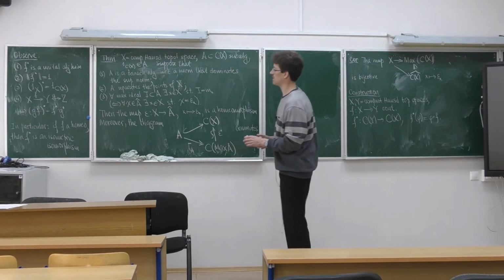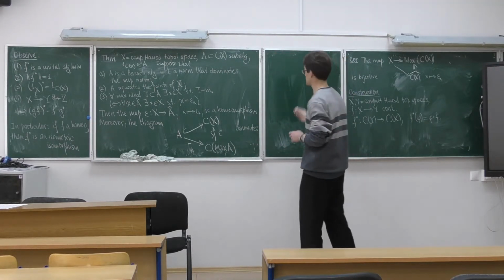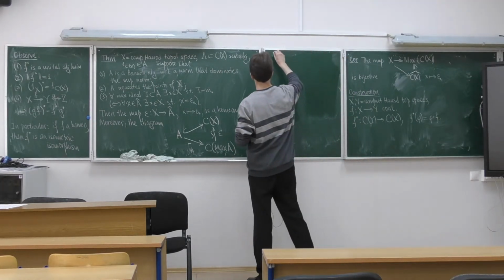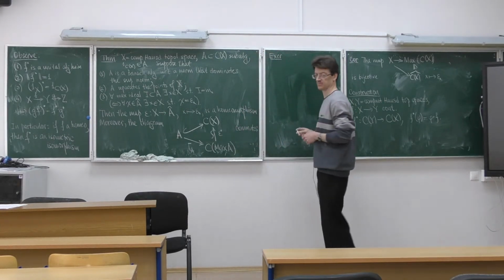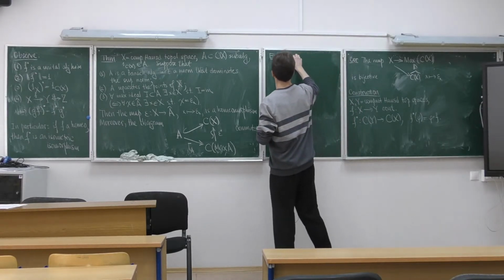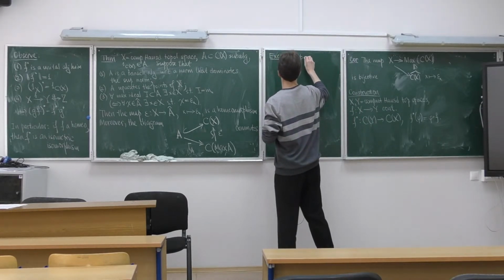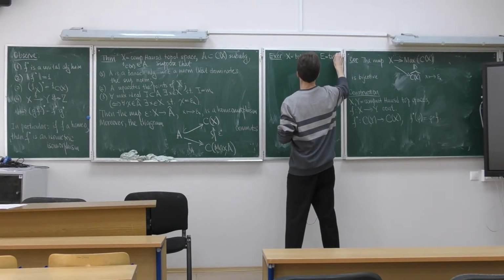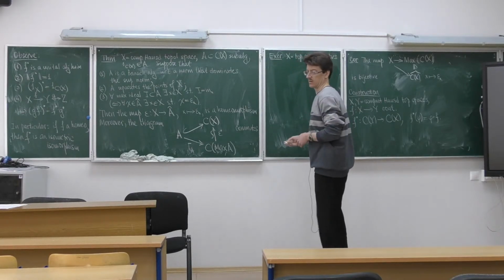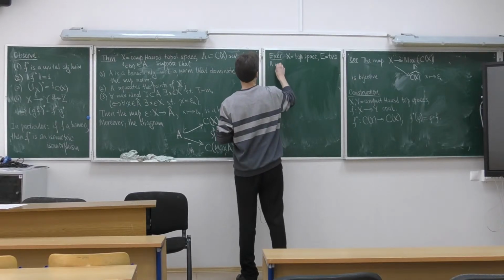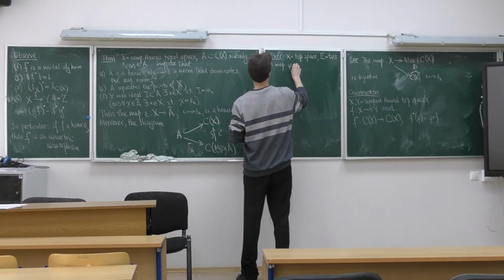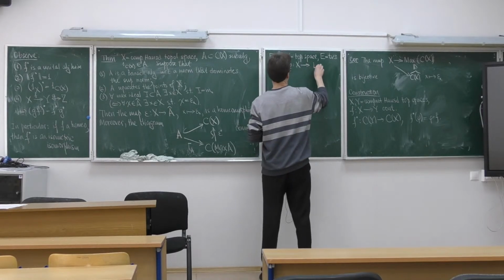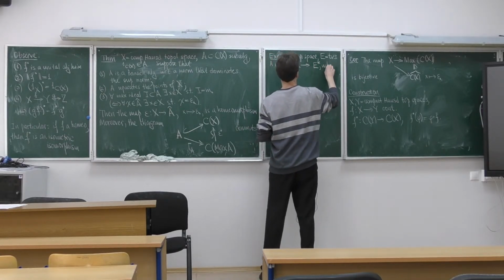Before we prove this theorem, I recommend you do the following simple exercise, which is more or less automatic, but is useful. Suppose that X is any topological space, and E is any topological vector space. And suppose we have a map phi from X to the dual of E equipped with the weak star topology.